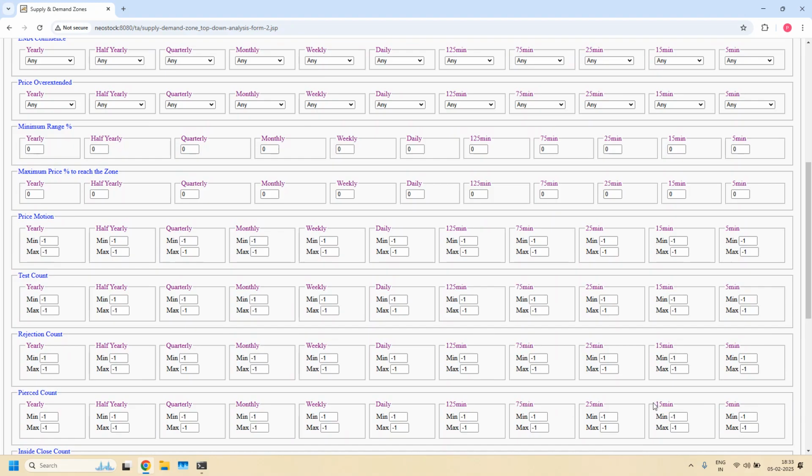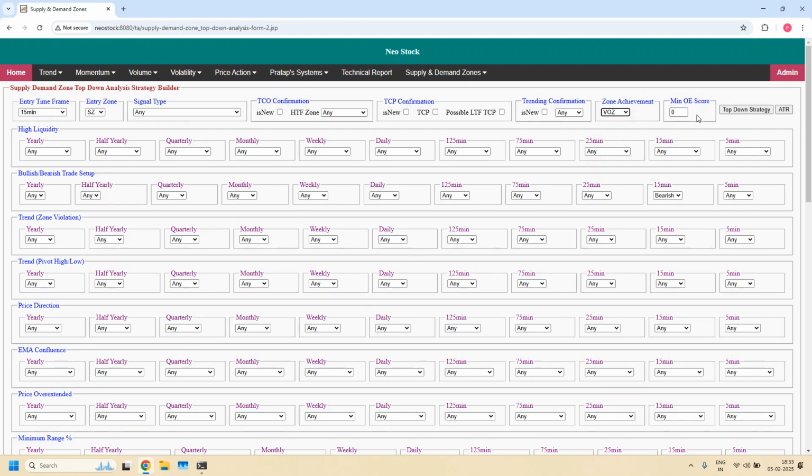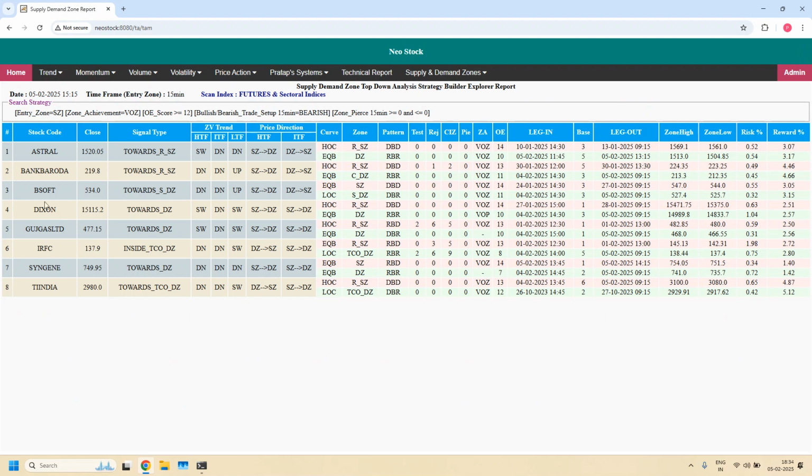So in the pierced count at 15 minutes time frame, I am setting minimum value 0, maximum value 0, zone achievement VOZ, minimum odd enhancer score 12. With all the three filters, we got 8 stocks. These 8 stocks are currently supporting bearish trade setup for daily income trade. And all these entry time frame zones are 15 minute supply zones.